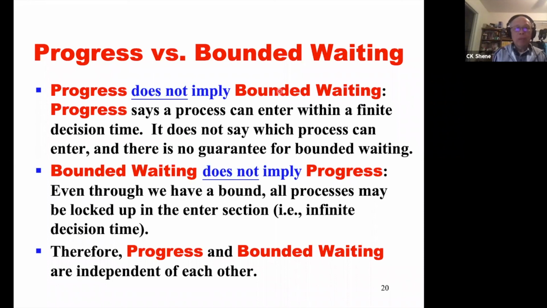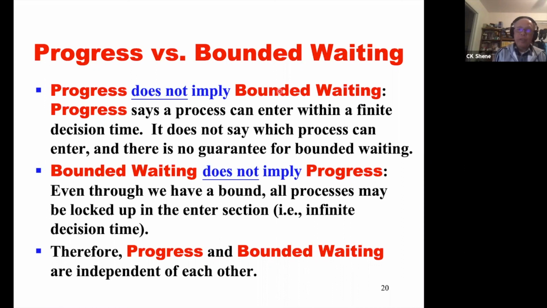Conversely, bounded waiting does not imply progress either, even though we have a bound, saying that every process only waits for 3 runs before it can enter. All processes may be locked up in the enter section forever, which means the decision-making in the progress condition could be infinite.